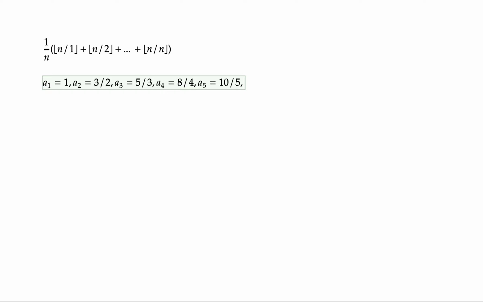Just going to keep them in fraction form just to see if there's anything. Alright, let's take A6, 1/6 times 6 plus 3 plus 2 plus 3 more after that.